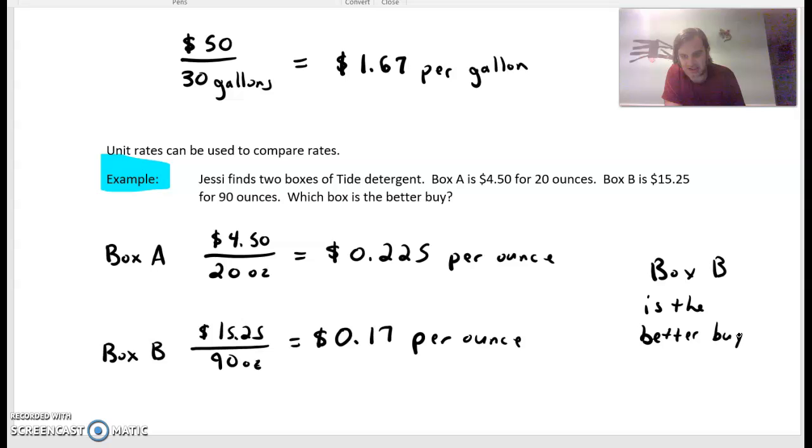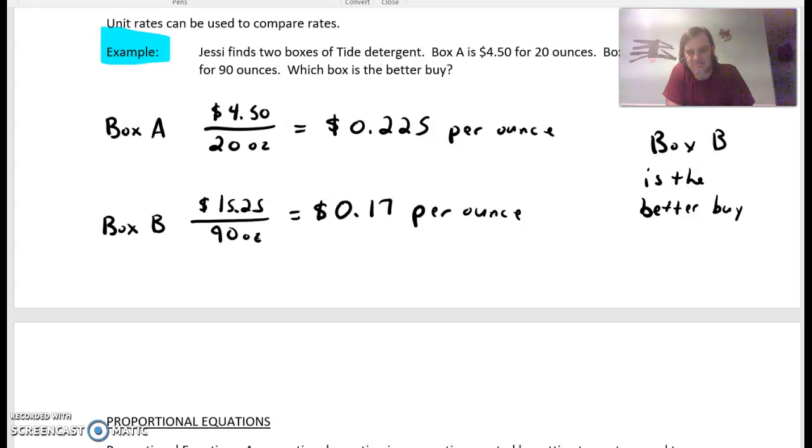If we know we're going to be buying detergent for the rest of our lives, considering that we're going to use it all no matter how much we buy, we'd like to pay as little as possible for each unit. So maybe box A costs less, but we're paying more per ounce there. So box B is the better buy, so we can use unit rates to make comparisons.